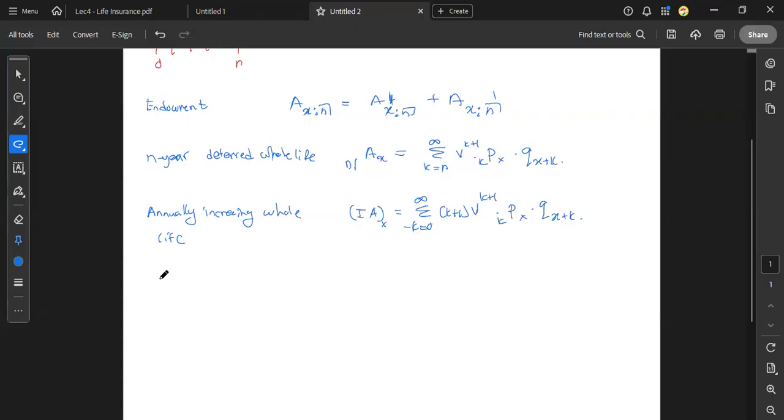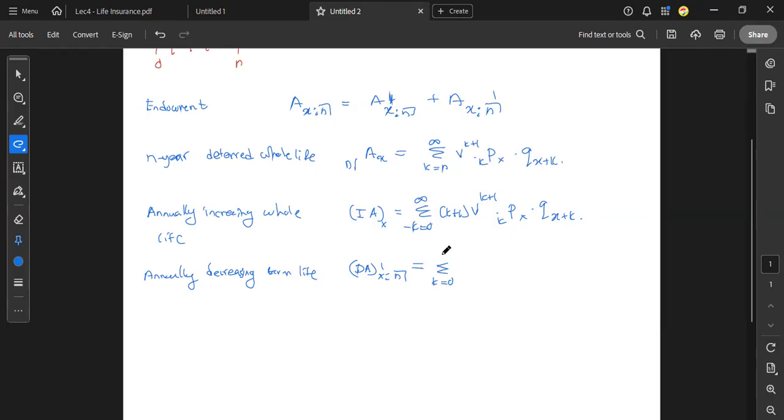So let's get a decreasing one, annually decreasing term life. Since it is term life, it starts from n. So decreasing annually, but the death benefit is paid annually, starting from x, decreasing for the next n years.